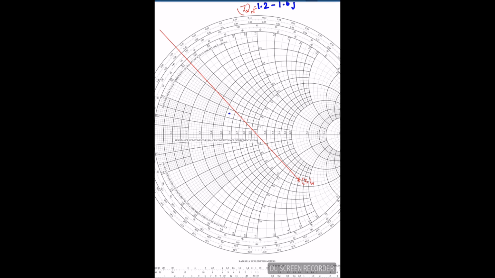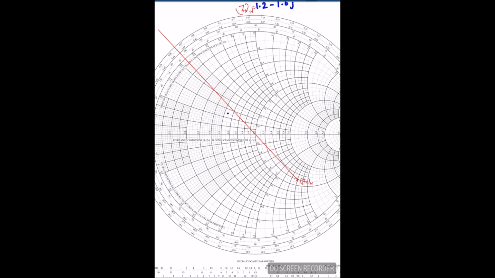You take a compass, this is your origin, and you know the radius from the origin to the load impedance, and you draw the circle with the compass. Once you draw the circle correctly, this is the locus of the circle, and now it's a 180 degree rotation towards the generator.